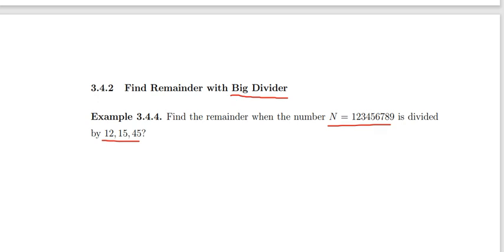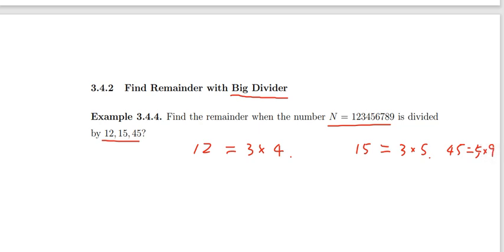So how can we solve such a problem? We can use this way. We just factor this 12. We can write 12 as 3 multiplied by 4, and 15 is 3 multiplied by 5, and 45 is 5 times 9.